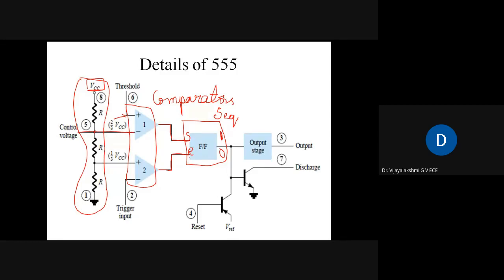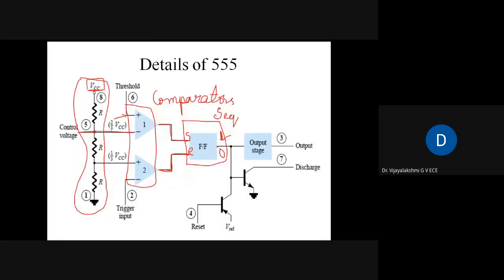If comparator 1 gives a high output and that high output is given to the set pin, the flip-flop will give me 1. The output of the flip-flop is 1. And if comparator 2 gives us the high output and that goes to the reset pin, the output of the flip-flop becomes equal to 0.